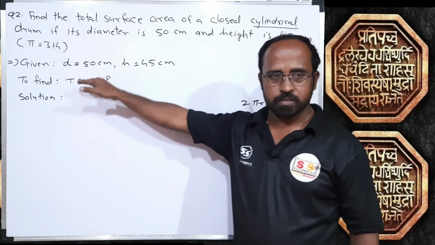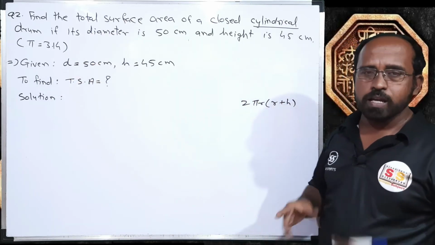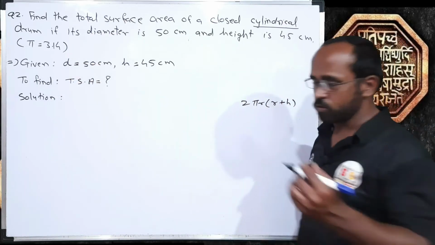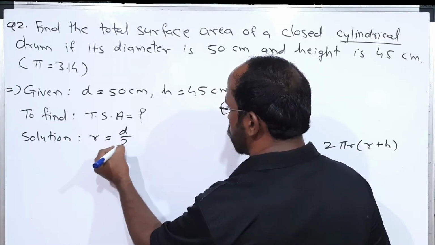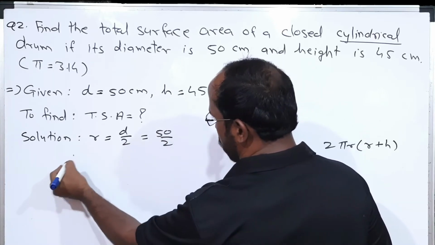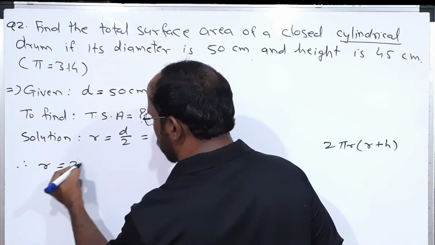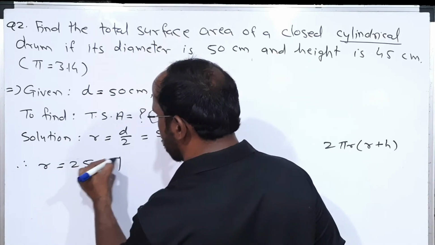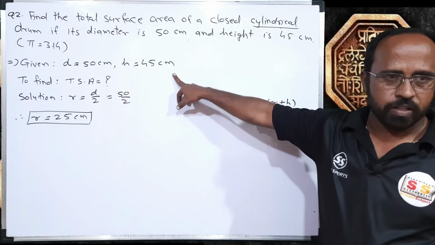Yes, diameter d is given, and based on diameter d we can find out radius r, because radius r is half of the diameter. So r is equal to d upon 2, that is equal to 50 upon 2. Therefore radius r is equal to 25 centimeter.